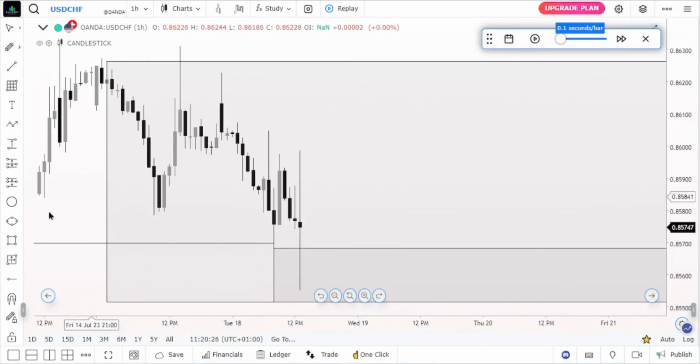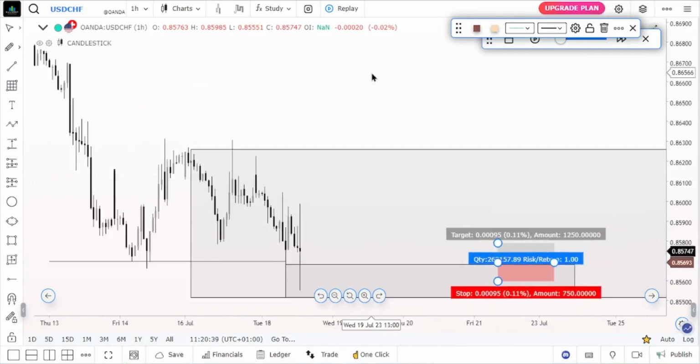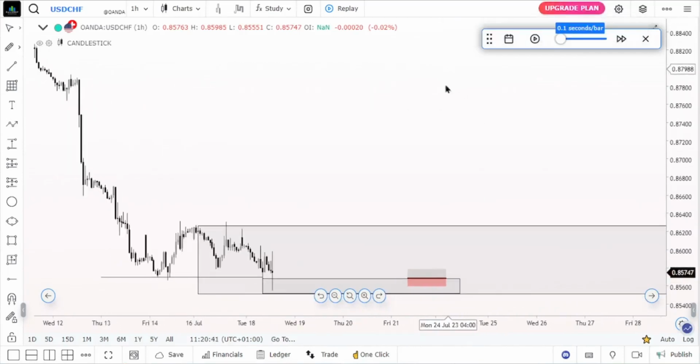So we want to take trade from that hidden OB. We want to go long. So if you want to go long, we want to take trade from there. Let's see what happens. Let me reduce this so that we can see clearly what we are doing.